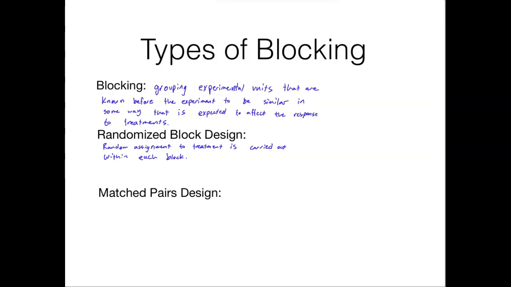So basically what you're doing is you recognize that, you know, the experimental units are similar in some way that may affect response to treatment. So you separate them into groups that are similar in that way, and then you carry out the entire experiment within each group, right? So each block gets a treatment and a control.